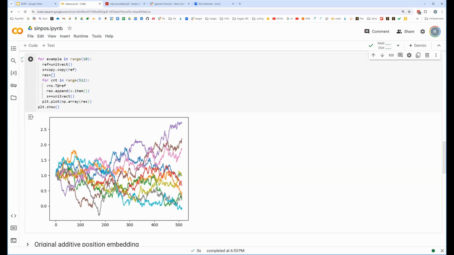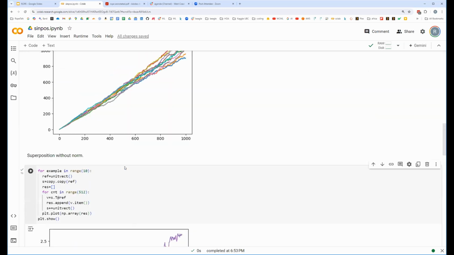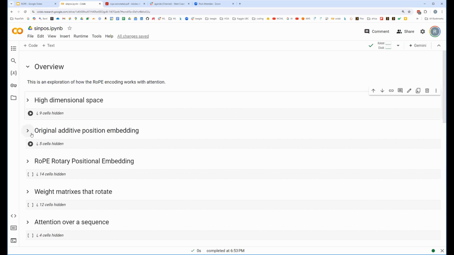So it starts to get pretty high variance then. I don't know where you'd say it's too noisy to be useful. Probably somewhere in this range, depending on how you're thresholding it and what your tolerance is for bad luck of the draw. Anyhow, that was just playing around with some things in high dimensional space.